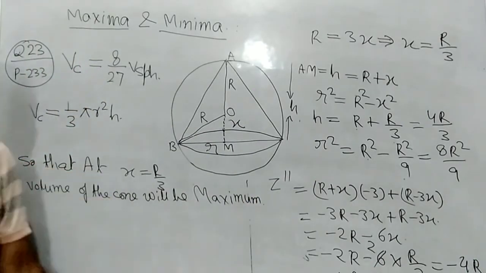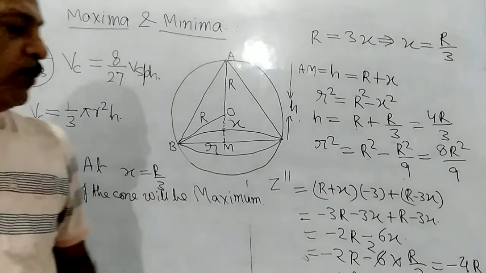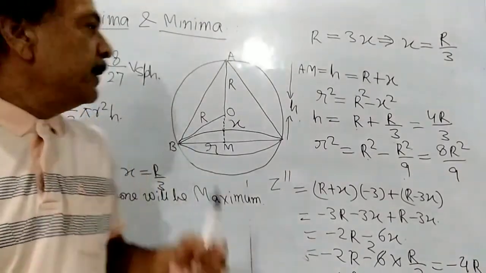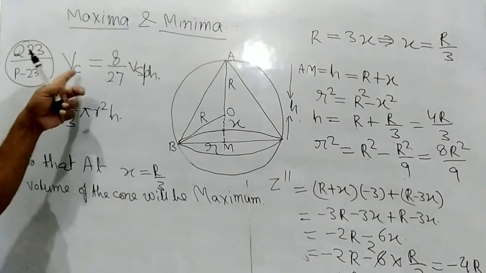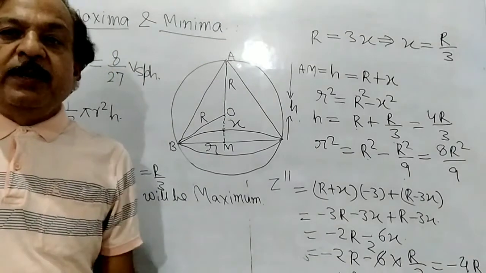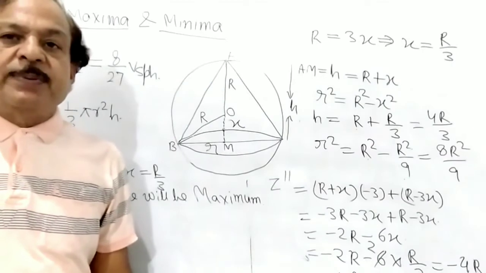So that at x equal to r/3 volume of the cone will be maximum. हमें शो करना है volume of the cone is 8/27 of the volume of the sphere.